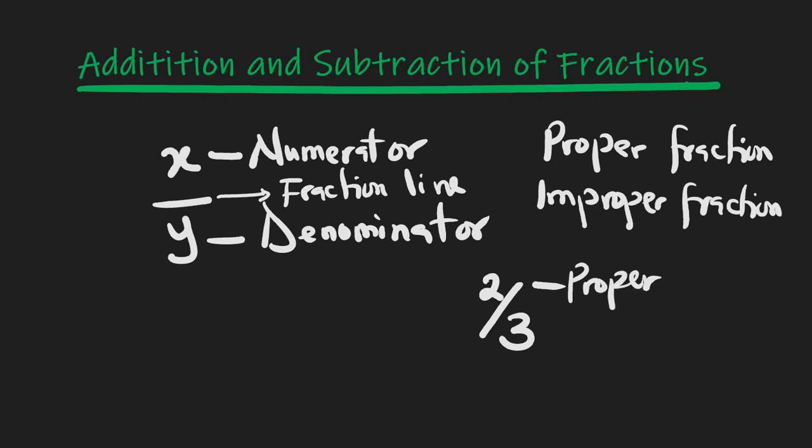Then when the denominator is smaller compared to the numerator, that is when the number at the bottom is smaller compared to the number at the top, we call it an improper fraction. For example, when you have 5 over 2, of course 2 is too small to carry 5. That's why I made an example with carrying cement. So this is an improper fraction, right? So that is a brief introduction about fractions.